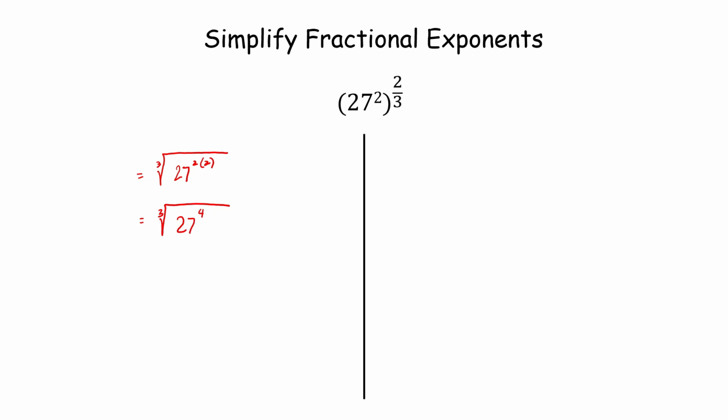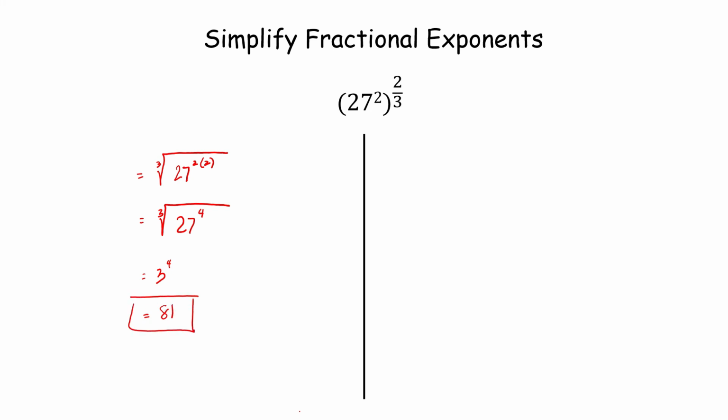That's 3 times 3 times 3, which is equal to 27, right? So what's the cube root of 27? It's 3. But the exponent is 4. So that's 3 raised to 4, which is equal to 81.